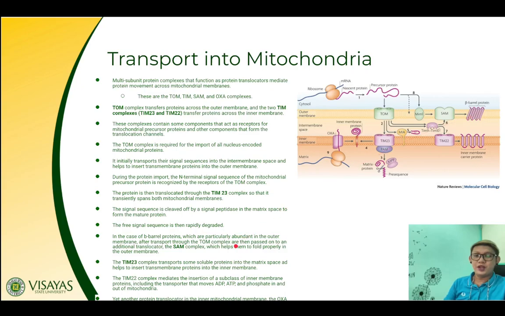The TIM23 complexes transport some soluble proteins into the matrix space and help to insert transmembrane proteins into the inner membrane. The TIM22 complex mediates the insertion of a subclass of inner membrane proteins, including the transporter that moves ADP, ATP, and phosphate in and out of mitochondria.